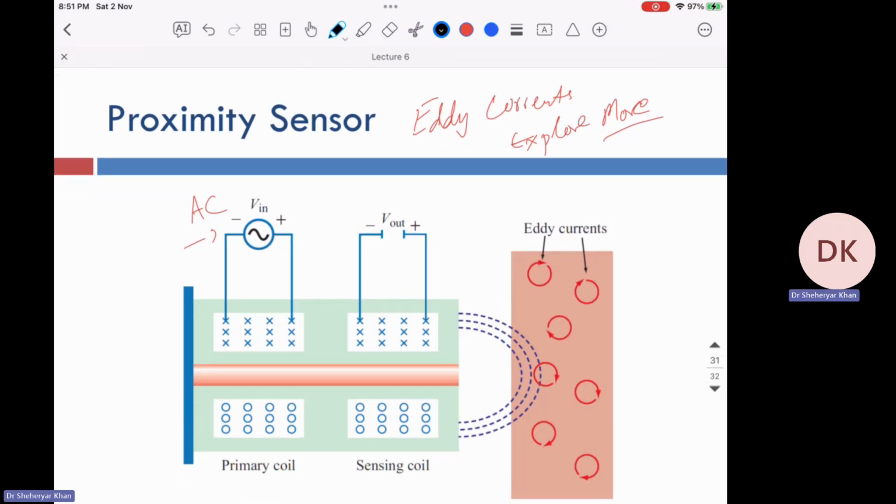Another important application is eddy currents, right? So I talked about two losses. One is high speed R losses.